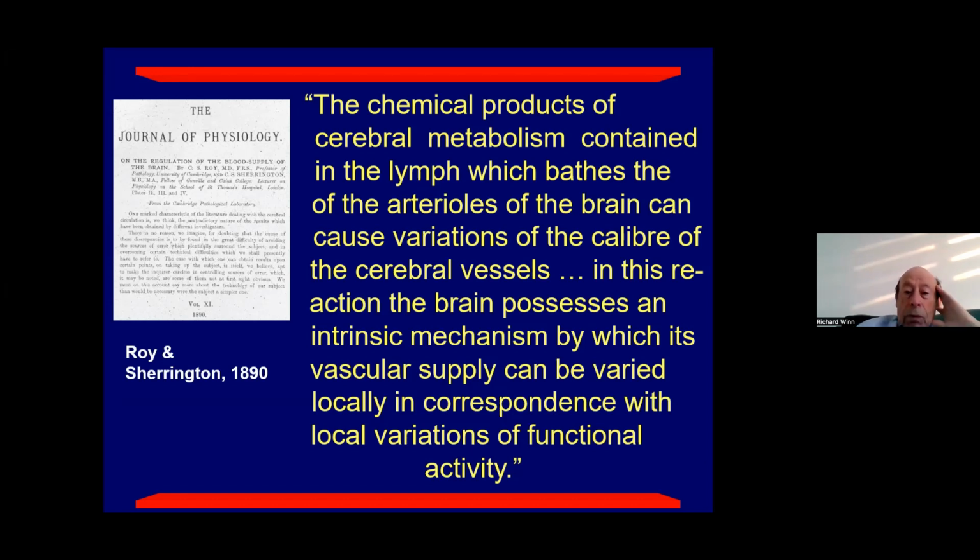Here's what they wrote at the time: The chemical products of cerebral metabolism contained in the lymph, which bathes the arterioles of the brain, cause variation in the caliber of the cerebral vessels. And in this reaction, the brain possesses an intrinsic mechanism by which vascular supply can be varied locally in correspondence to local variation in functional activity.